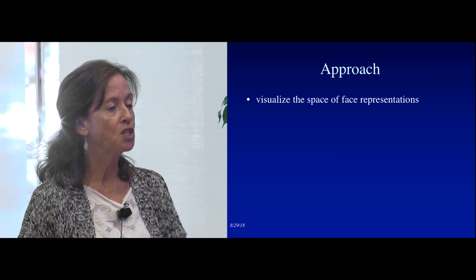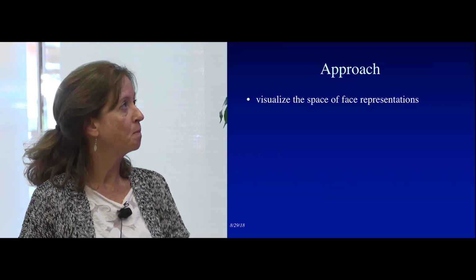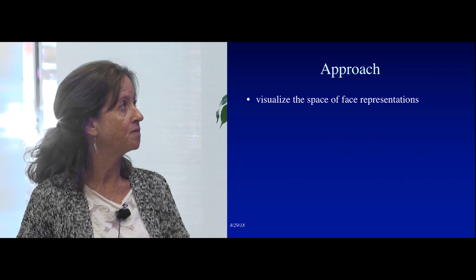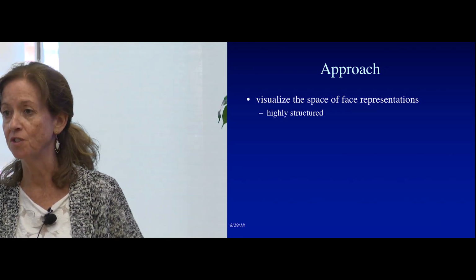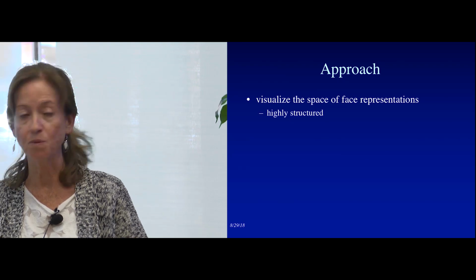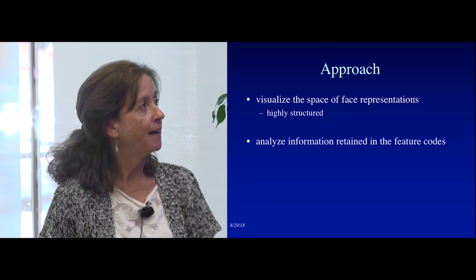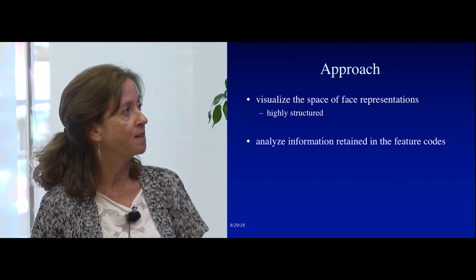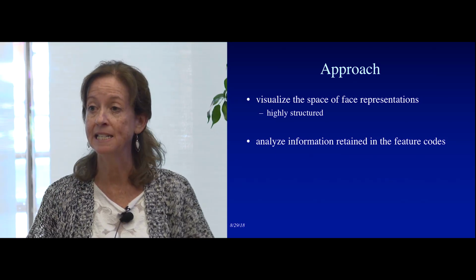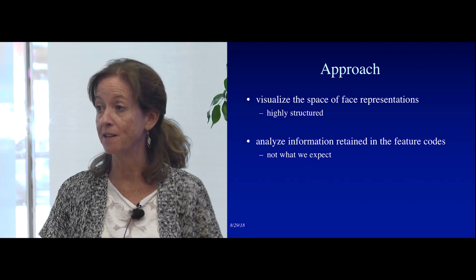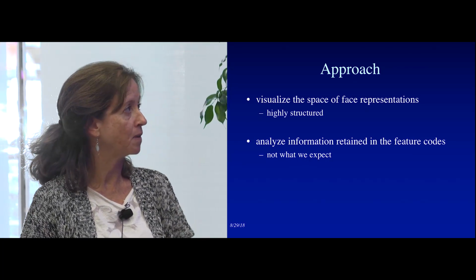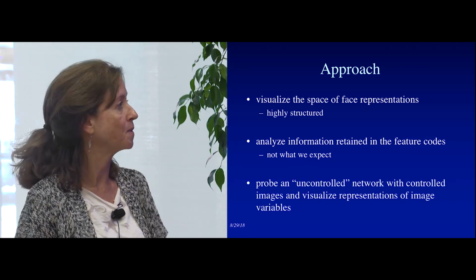Okay, so the approach is very basic. We started by simply visualizing the space of face representations, and it turned out to be highly structured, as you'll see, but not in any of the ways we predicted. And then I'll talk about analyzing the information that gets retained in the codes at the top. And again, this is kind of not what we expected, but maybe in retrospect we should have expected some of this.